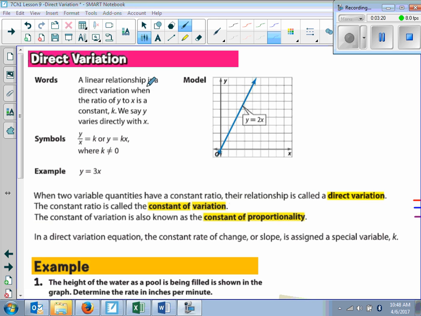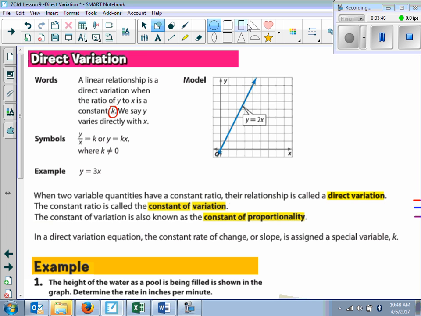So it says a linear relationship is a direct variation when the ratio of y to x is constant. And that constant that we're going to use is the constant k. Okay? We say that y varies directly with x. That's what we say when an equation has direct variation.